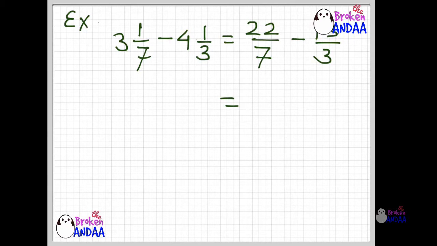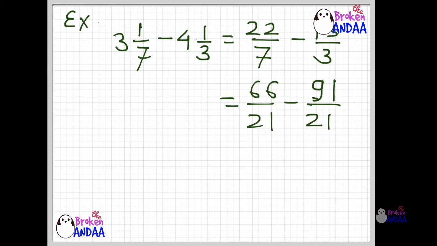Now we will make the denominators the same. We have 21 as the LCM of 7 and 3. So we will multiply the first fraction's numerator and denominator by 3, and we can write it as 66 divided by 21. And then we have 13 by 3. We will multiply by 7, so it can be written as 91 by 21.